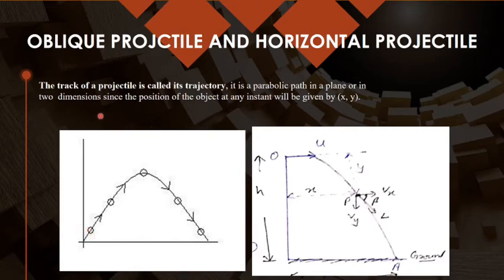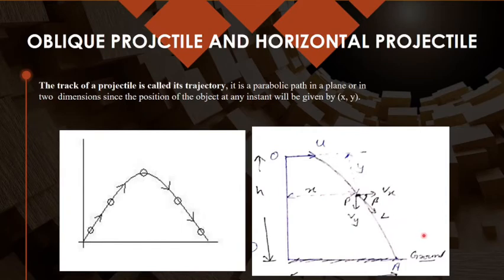And the track which is followed by the projectile is known as the trajectory. So trajectory is simply the path followed by the projectile. And you can see, if I throw it like this or like this, both ways it comes out parabolic. And if I want to find the position at any point, I have to have both coordinates with me.